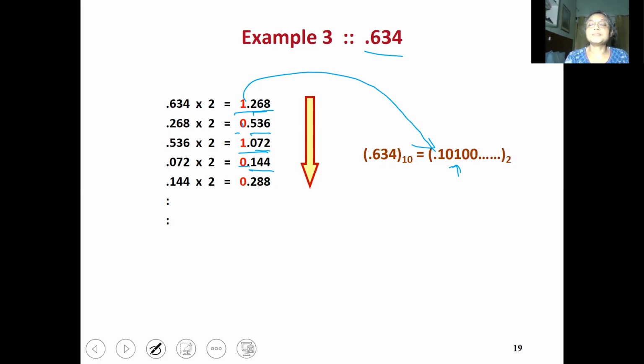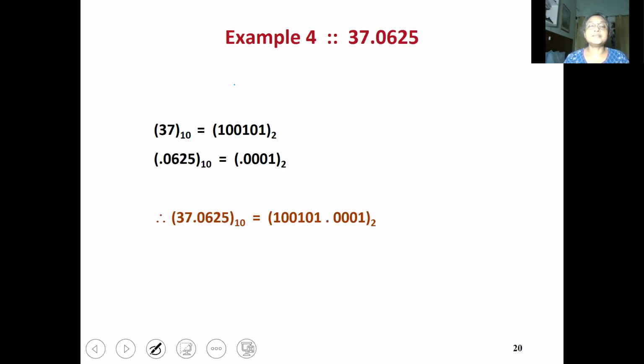This 0 comes here, multiplied by 2, we get 0.288, and this 0 comes here. We can continue to more bits if we want higher precision, but we can stop if we have limited precision. And these numbers, 10100, in this order give us the binary digits to the right of the decimal point.